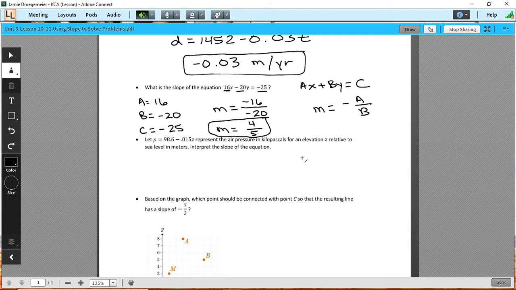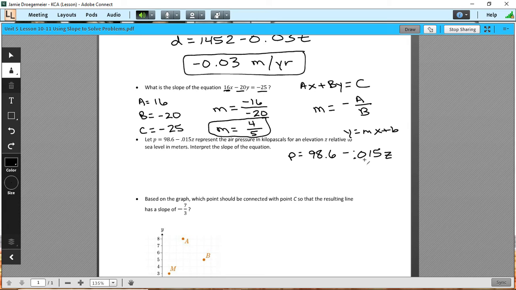So first of all, we need to figure out, well, what is our slope here? So we have P equals 98.6 minus 0.015z. All right, well, we could think of this in terms of our slope-intercept form, y equals mx plus b. That slope is always being multiplied by that independent variable.